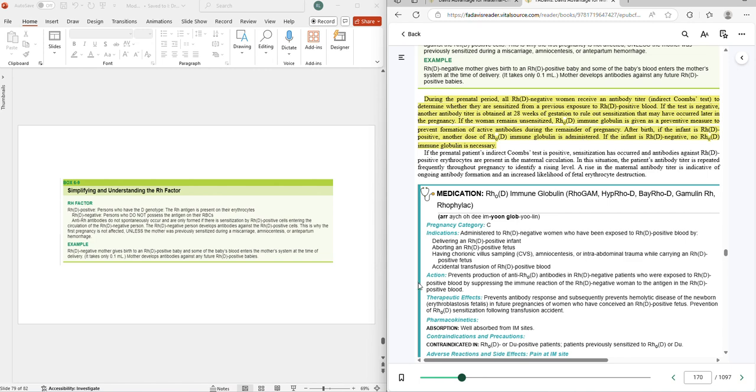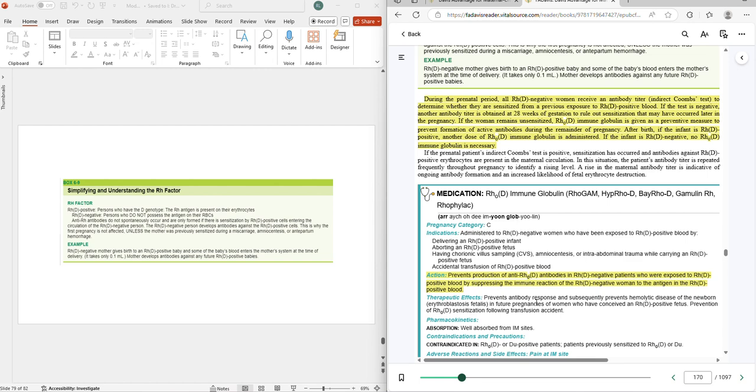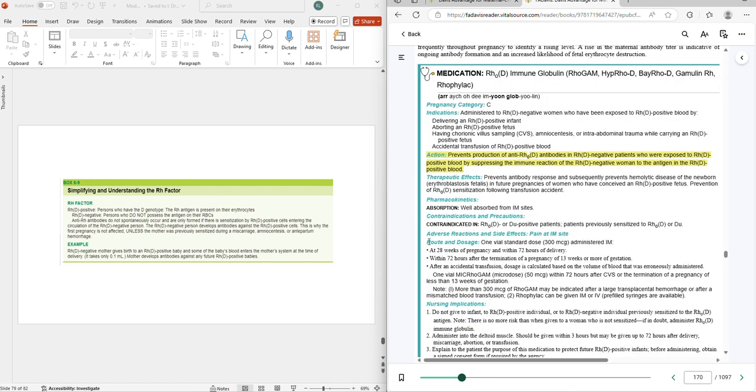All right, so I want you to know the action, wink and lollipop, the action of RhoGAM: it prevents sensitization in the Rh negative that were exposed to Rh positive, okay? And when do they get it? So, another wink and lollipop, route and dosages, okay?